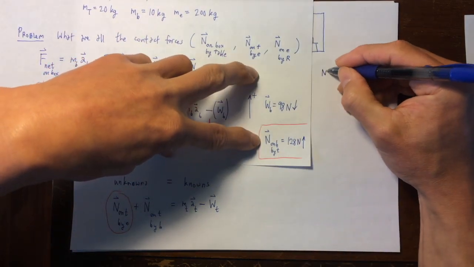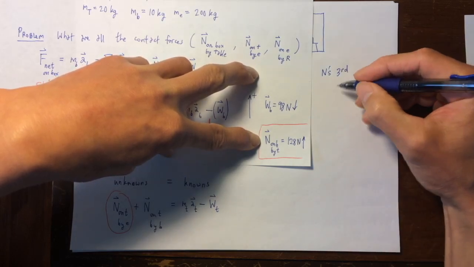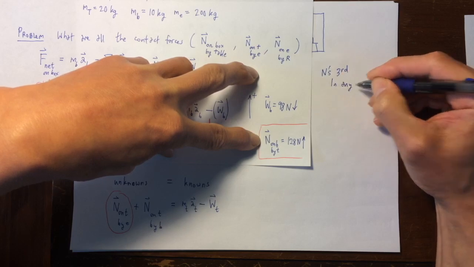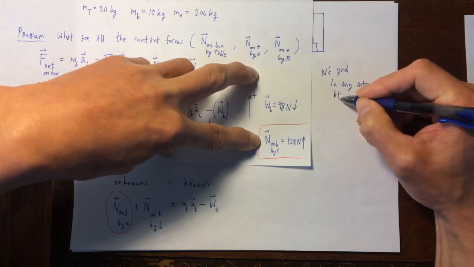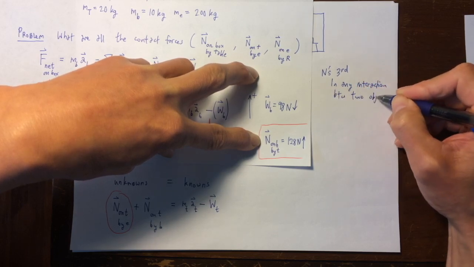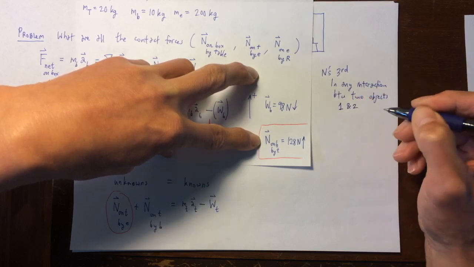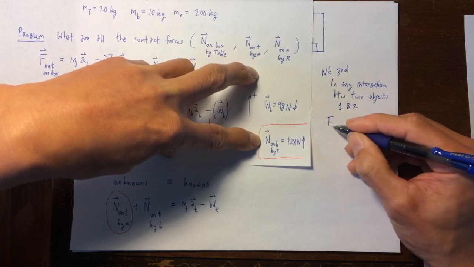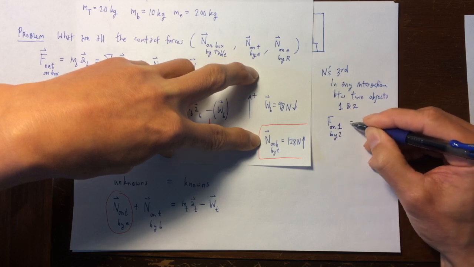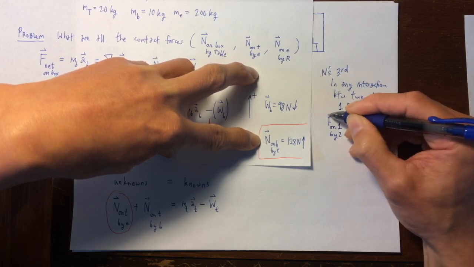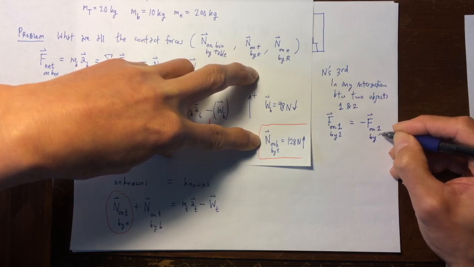So let me go back and talk about this. I want to remind you of Newton's third law. One way to say what Newton's third law is: in any single interaction between two objects, let's call them 1 and 2, Newton's third law is stated this way: the force on 1 by 2 is equal to but opposite the force on 2 by 1.